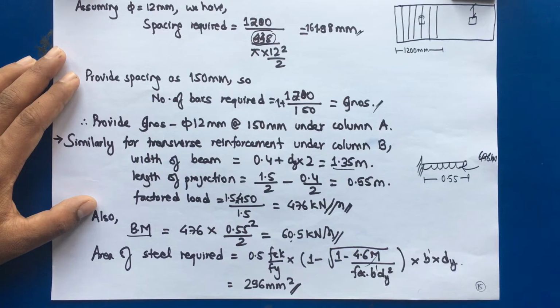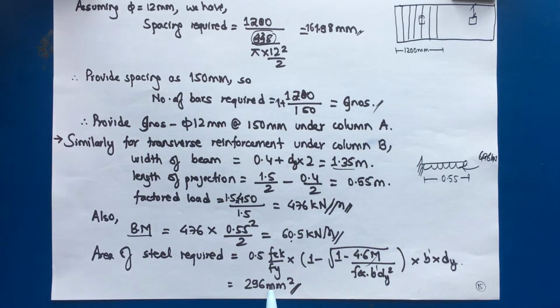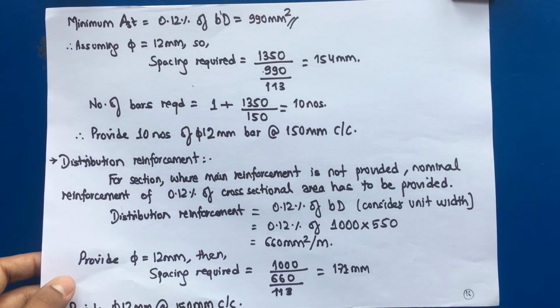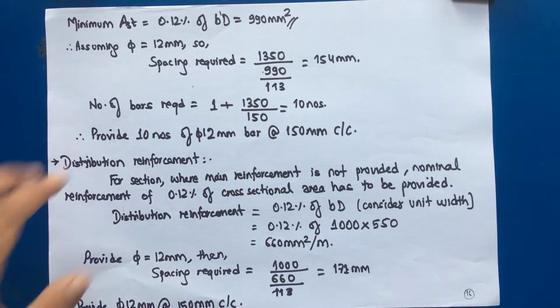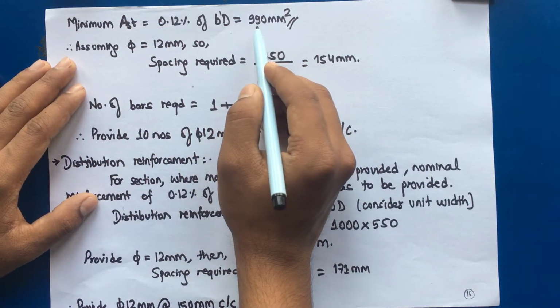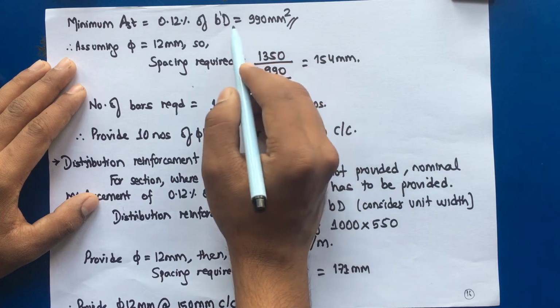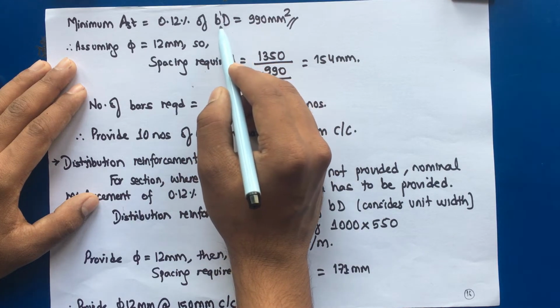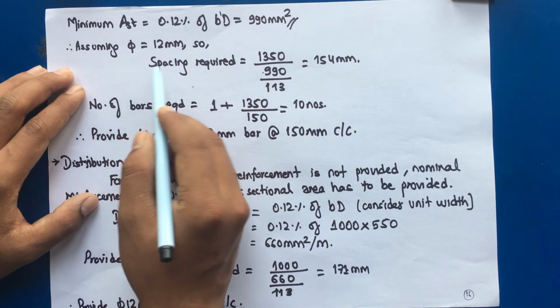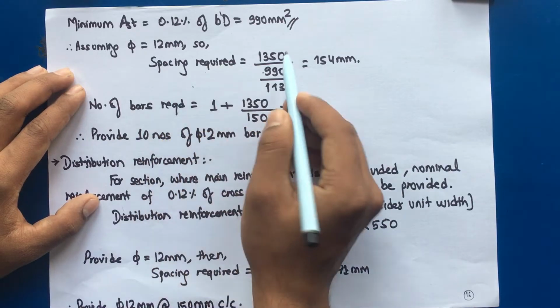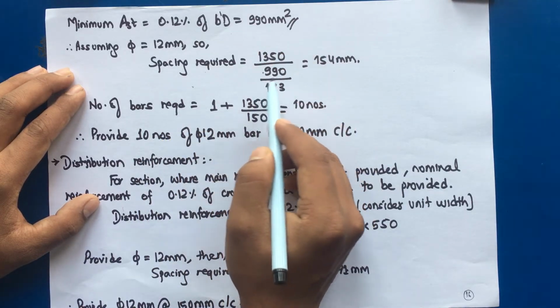So this value is smaller, so we have to compare with the minimum area of steel. The minimum area of steel will be 0.12% of BD, so it will come as 990 mm square, considering B dash as 1350. Okay, assuming phi as 12 mm, the spacing required will be width of the section times area of individual rebar divided by area of steel required.